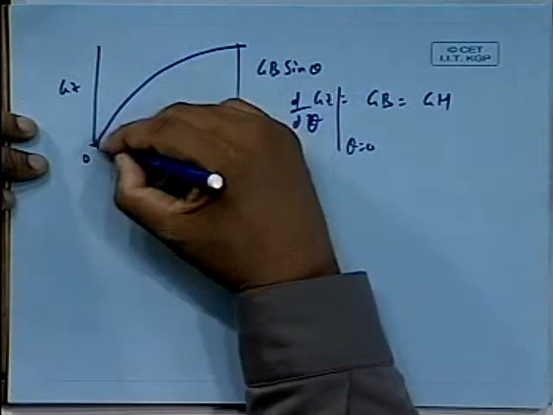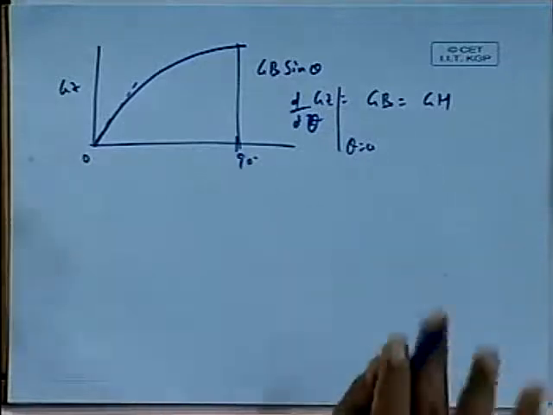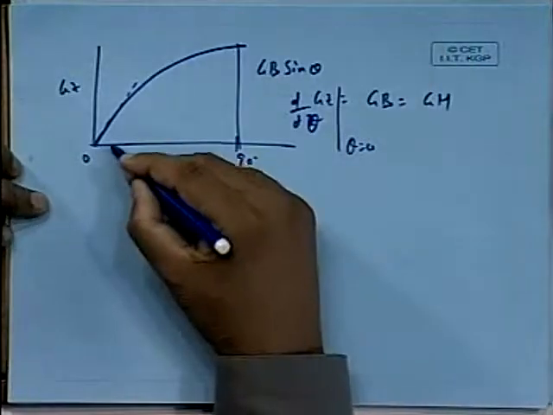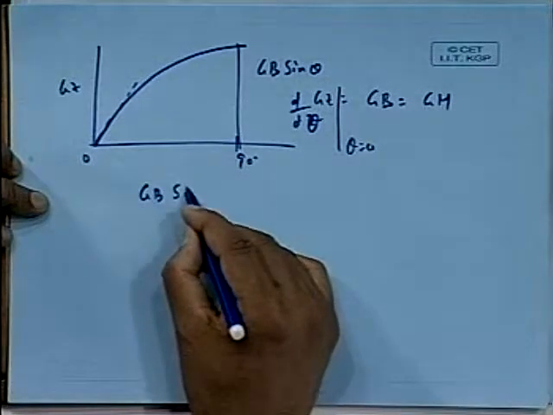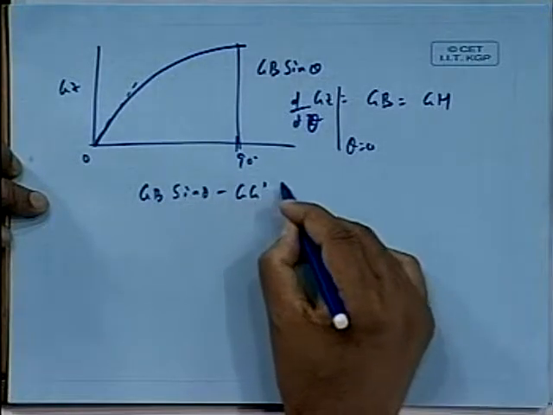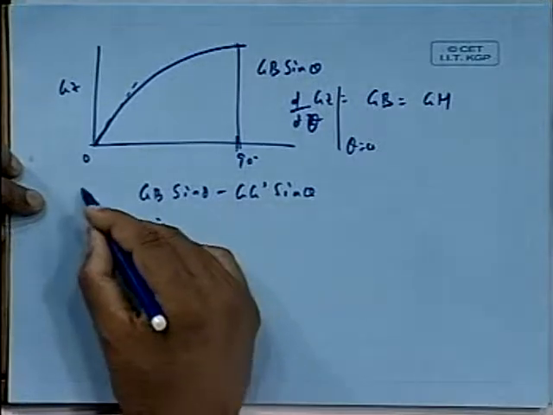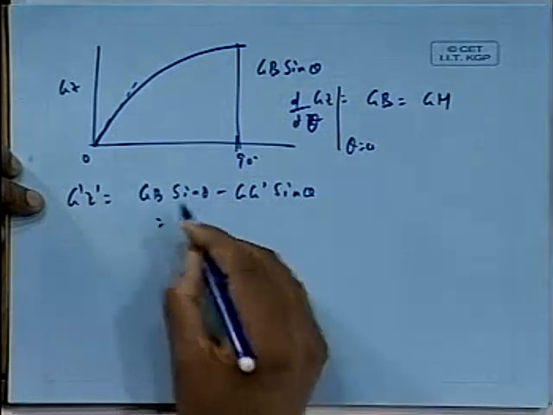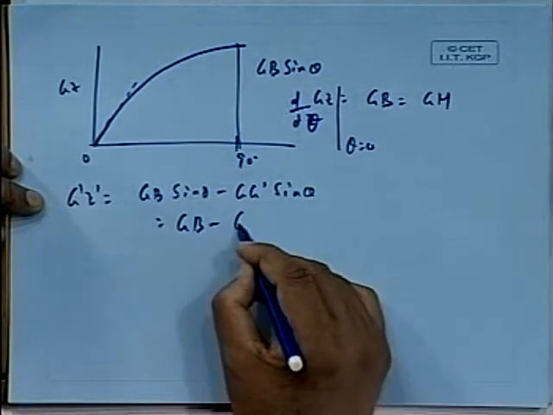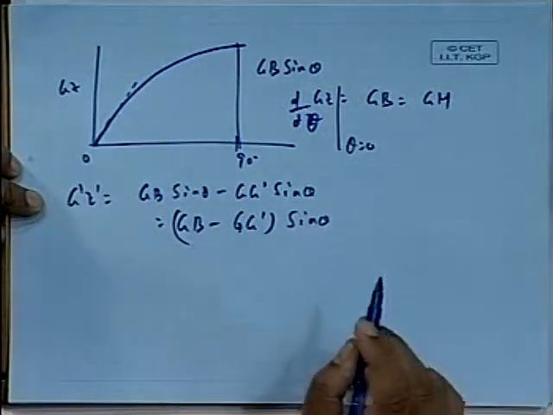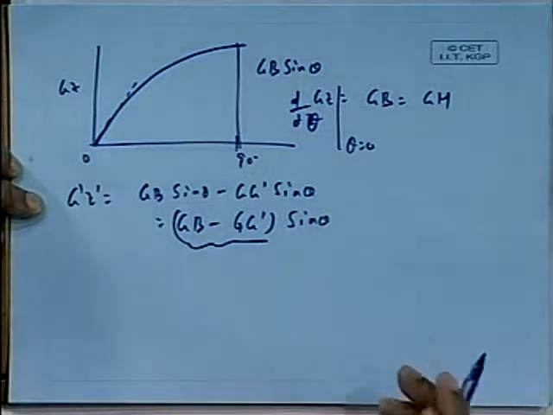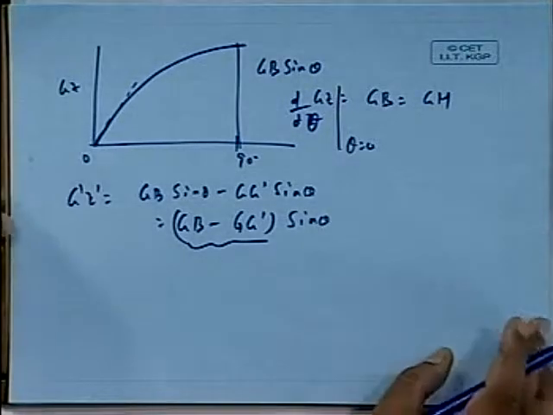These are all known. Now you are reducing this. As you reduce that, what happens? The new one becomes GB sin theta minus GG1 sin theta, that is, (GB minus GG1) sin theta. So this becomes my new GM, or you can say the initial stability.